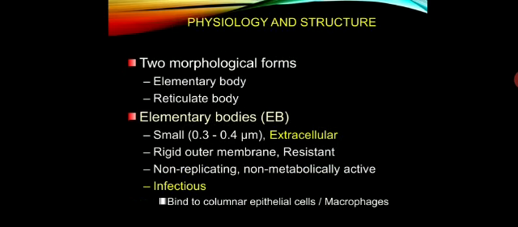The physiology and structure: there are two morphological forms present in Chlamydia. The first one is the elementary body and the second one is the reticulate body. The elementary body, or EB, is small in size, ranging 0.3 to 0.4 μm.